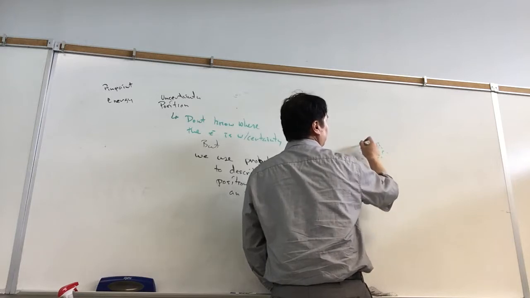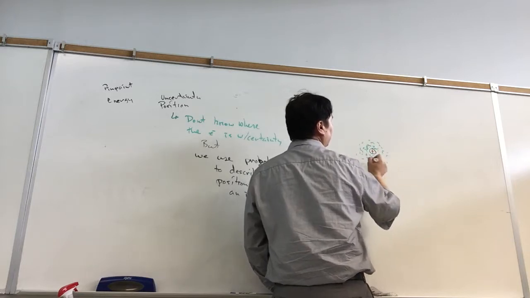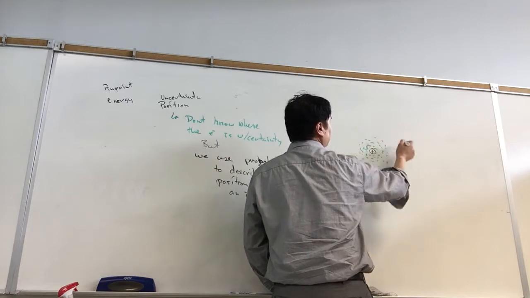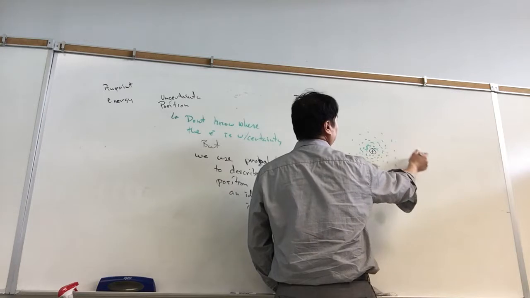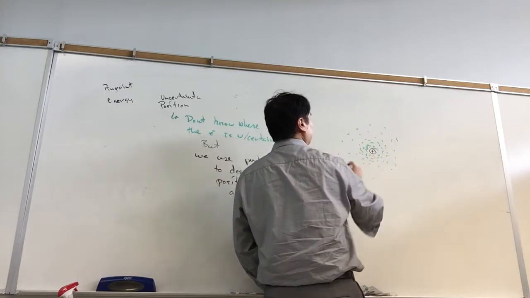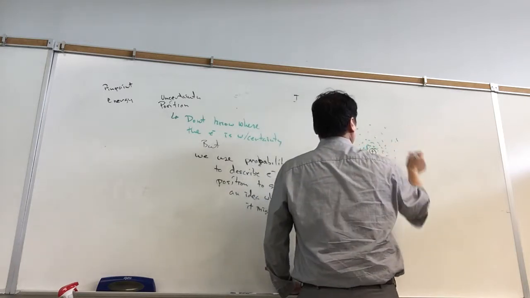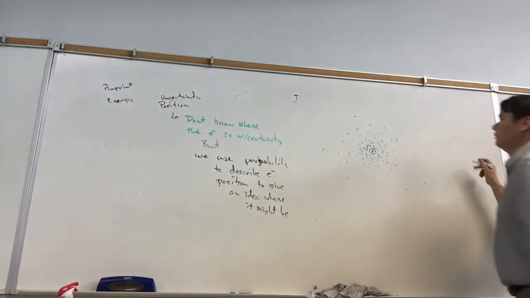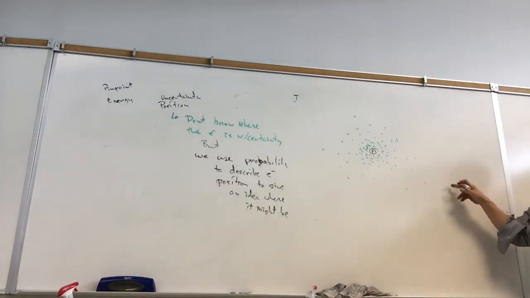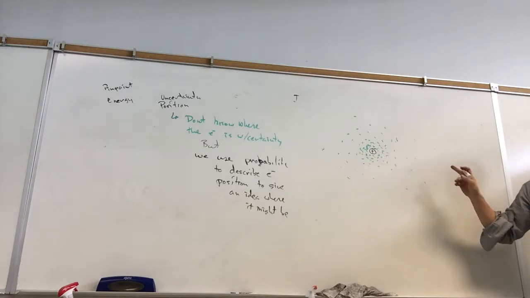And then as we get farther from the nucleus, the probability of finding that electron is going to go way down because the electron is less likely to be out there. And so when we go way out here, most likely an electron with this energy isn't going to be this far out.